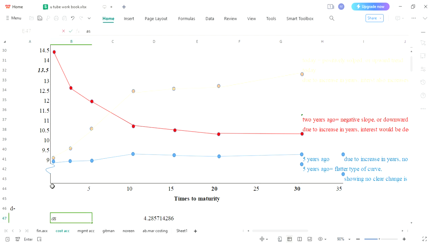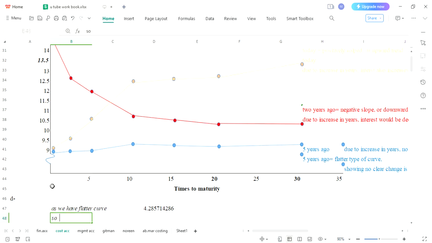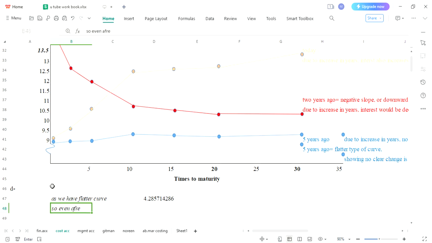As we have a flatter curve, even after the passage of time, we would have the same rate.